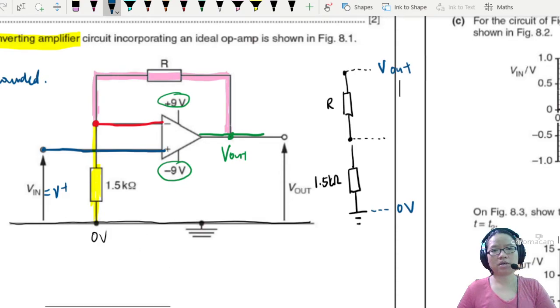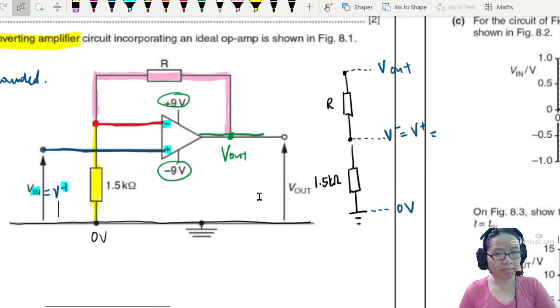Right? But you see, this part here is V in, because V plus is equal to V minus, right? So we're going to put here, this is V minus, but it's also equal to V plus, and it's also equal to our V in. So let me highlight. This one is negative, this one is positive, this one is the same.